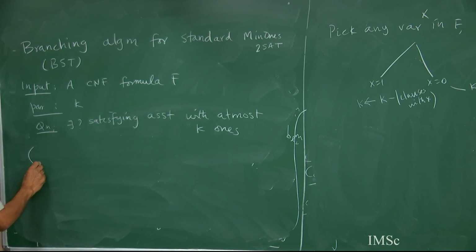If the clause is such that you have to set x3 to 0 or x2 to 0 to satisfy this, what happens to k? K doesn't change, because k is measuring the number of ones. You set somebody to 0, tough luck. K doesn't drop. So pick a clause which is of this type, which may or may not exist.